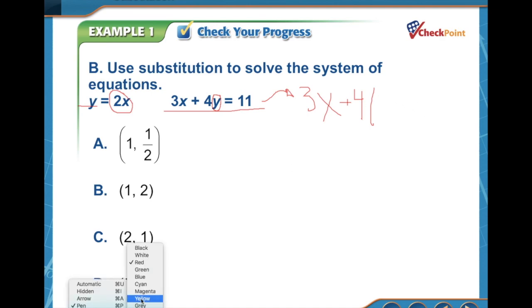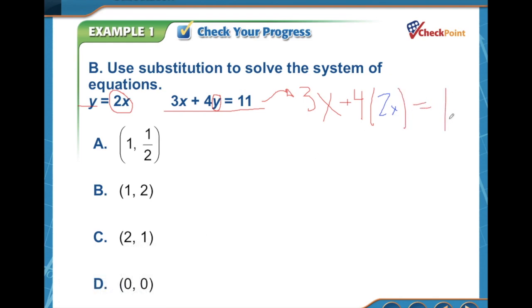I can change my color to just make that a little bit clearer. 2x. Good. Equal to 11.